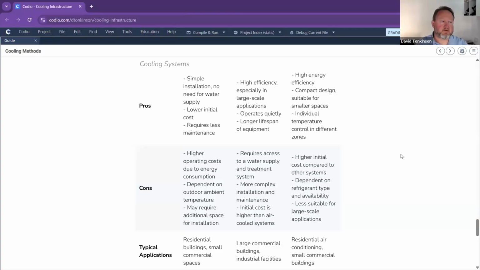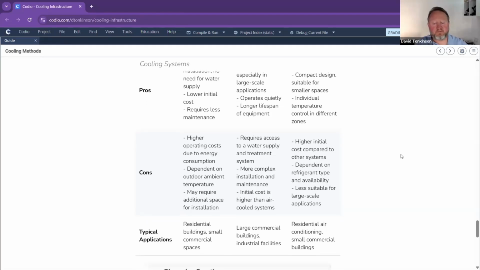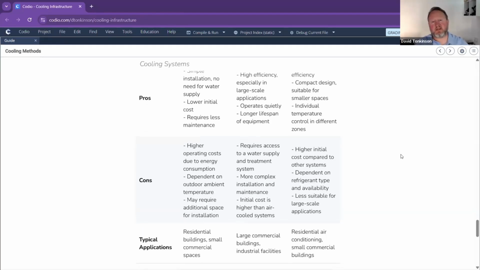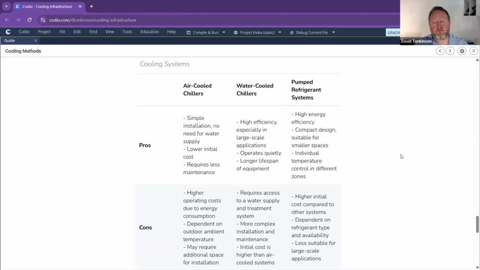A lot of that is basically because you are simply dealing with water, isn't it? And the initial cost is higher than the air cooling system. These tend to be the ones that are used for large commercial buildings and industry facilities. Okay, so potentially these water-cooled chillers are the types of systems you might be encountering in data centers.